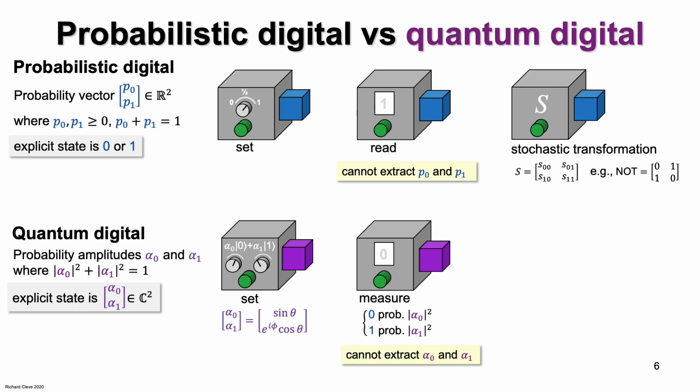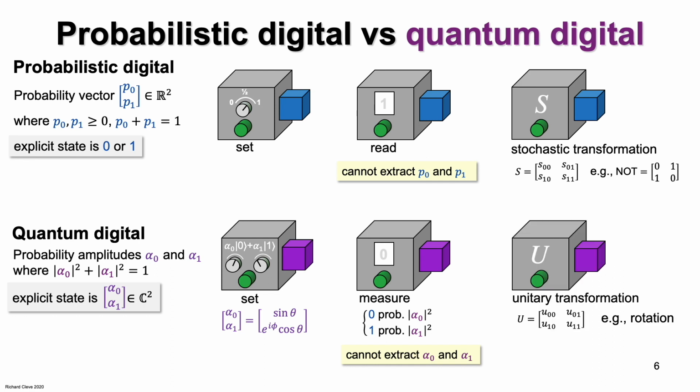Considering these two operations, set and measure, you might wonder, what's the point of these amplitudes? Amplitudes are kind of like square roots of probabilities. But when we measure, the amplitudes are squared, and we get a probabilistic sample. So what was the point of taking those square roots? In fact, if we stopped with these two operations, qubits would be essentially the same as bits. But qubits are interesting because we can also perform transformations like rotations on amplitude vectors.